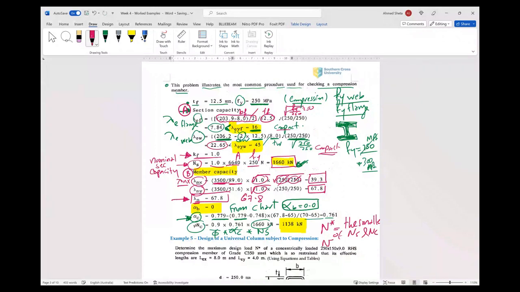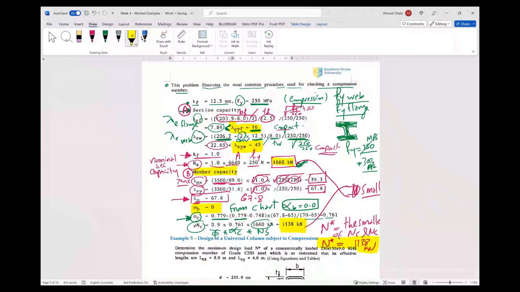So what is N star at the end here? So we have these two values, and we need to pick the smallest. Yeah. So it will be 1138 kilonewton. Okay. This is what you mean, right? Yeah, that's what I mean.